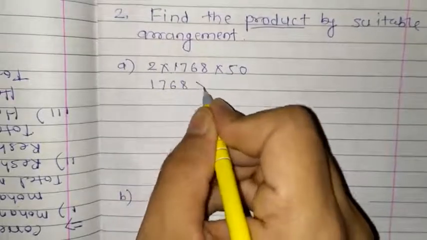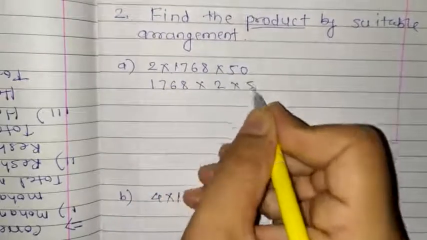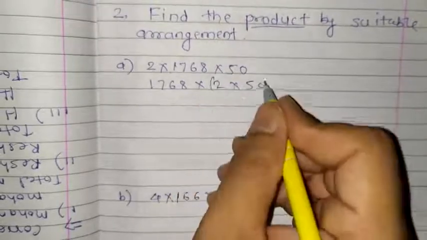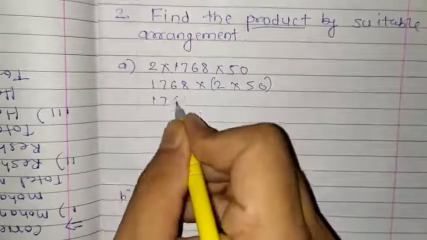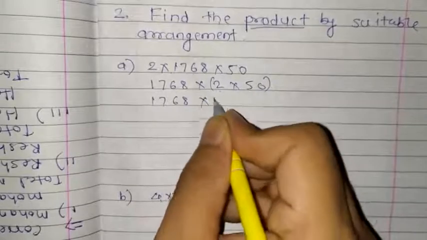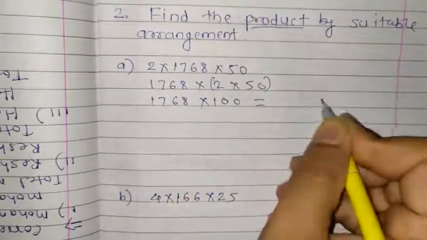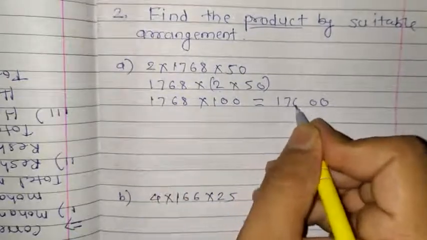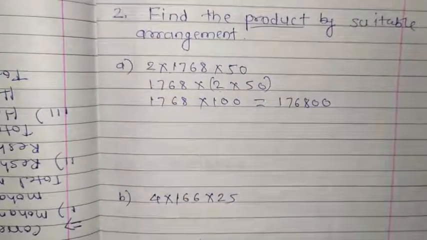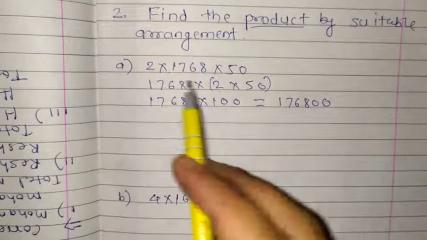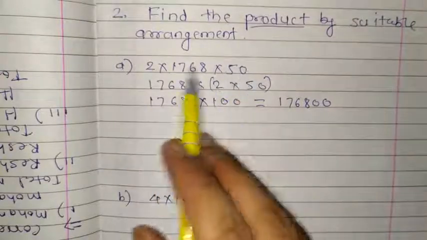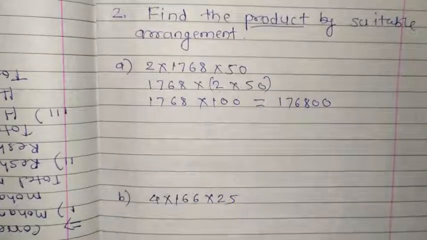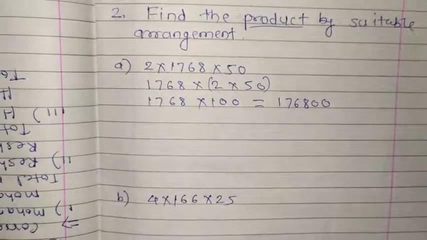We put 2 with 50, because 2 into 50 is 100. So our calculation will be more easy. So write this number as it is. Here it is 100, so 00 you write as it is and write the remaining number. So you observe our calculation was very easy, because whenever you do calculation and pick up two numbers, if in the last digits 0 are coming, then your calculation will be easier.